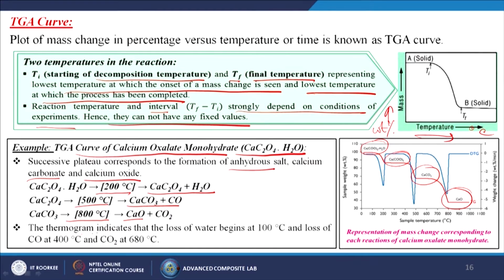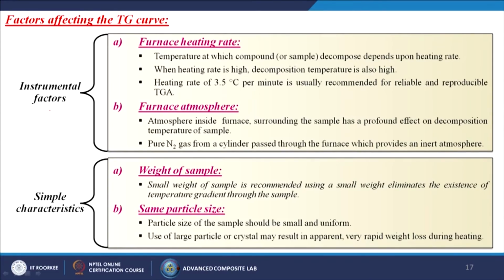The thermogram indicates that the loss of water begins at 100 degrees centigrade, after which we do not get any H2O, with loss of carbon monoxide at 400 degrees centigrade and carbon dioxide at 680 degrees centigrade. Factors affecting the TG curve: the first is the instrumental factors.